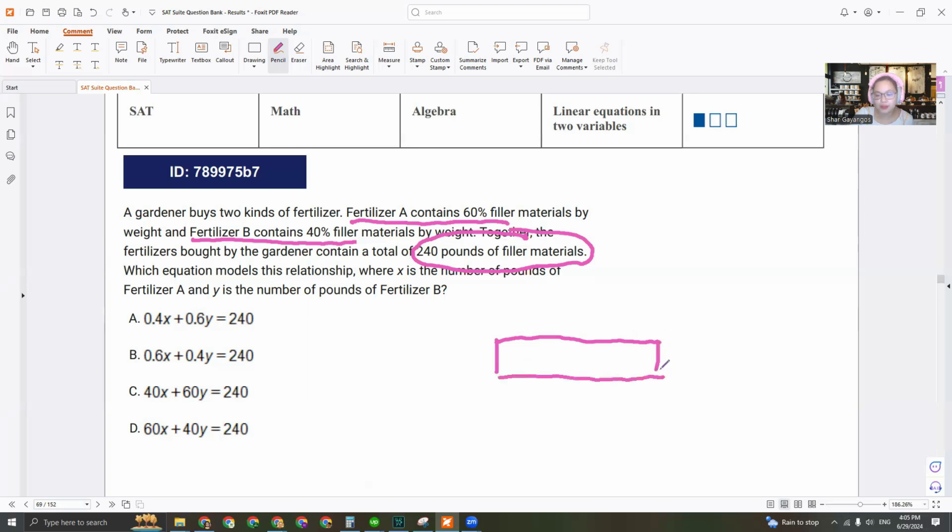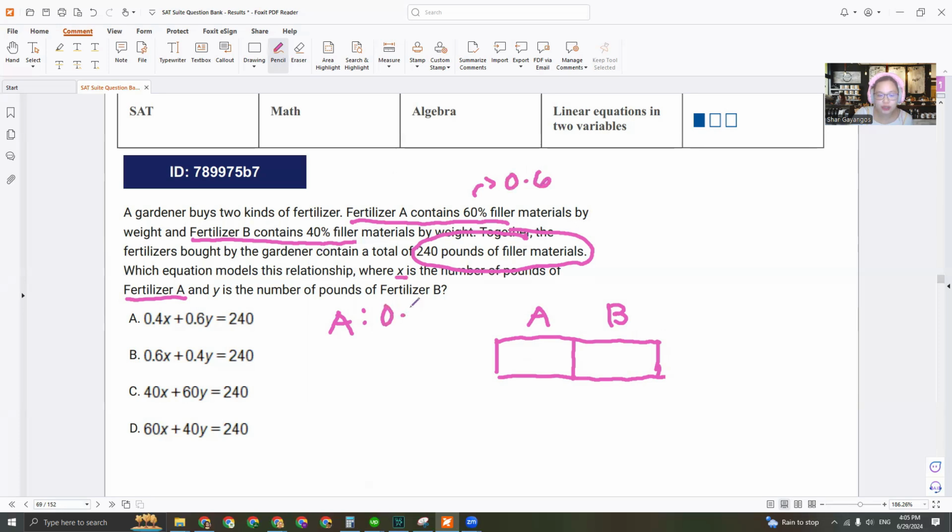Okay. So let's say we have this, right? This one is coming from A, and this is the filler coming from B. How much fertilizer do we have for A? So x is the number of pounds of fertilizer A. So since 60% are filler materials, what is 60% again? 0.6.